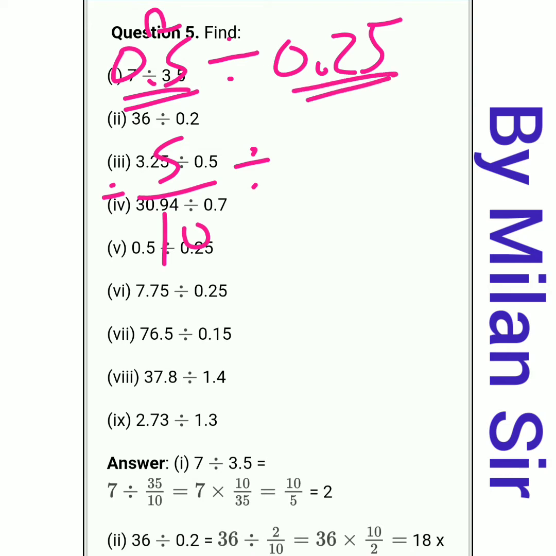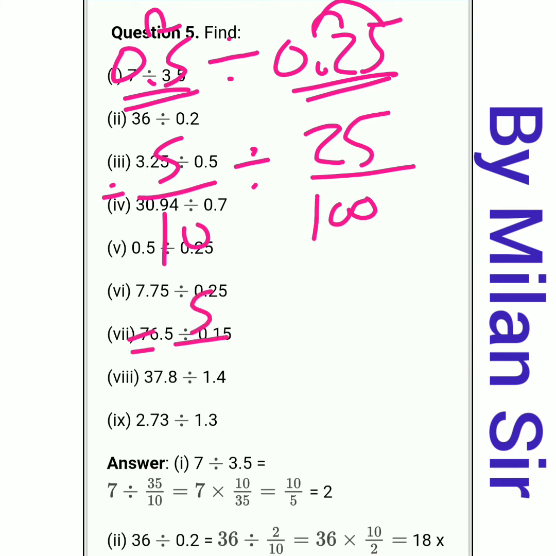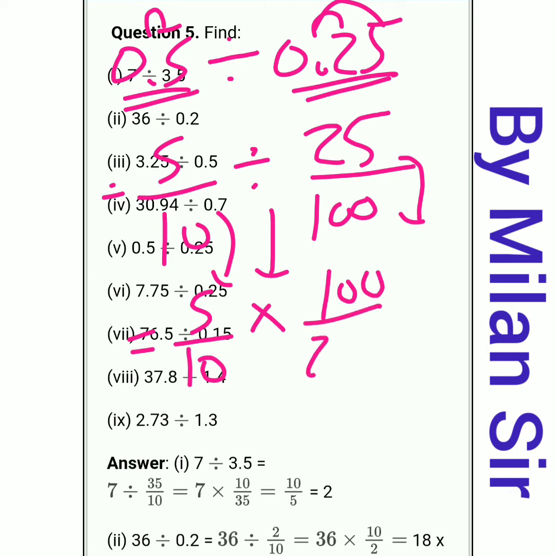Then 0.25 is 25 over 100. Our first number remains 5 divided by 10. Then we convert the division into multiplication and take the reciprocal of the second number, 100 by 25. 10 and 100 cancel, 5 fives are 25 and 5 twos are 10, so our final answer is 2.